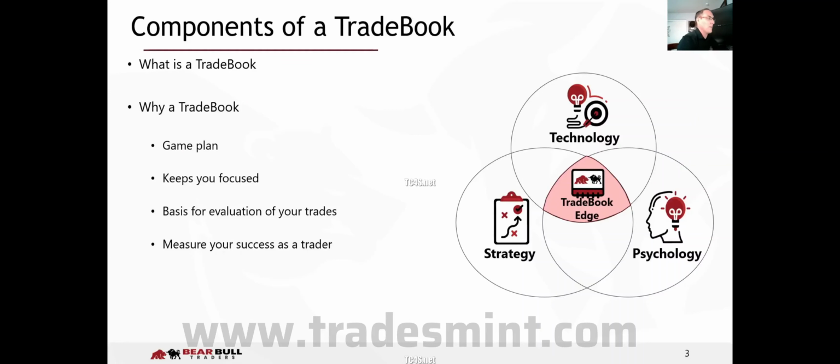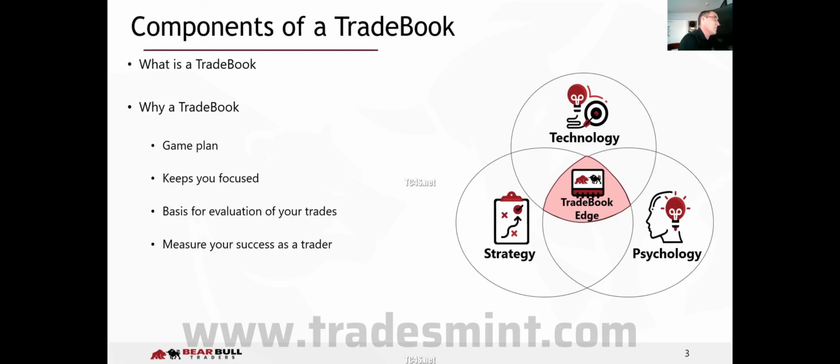You have laid out a plan, you have written it down or typed it, and you have put it in stone and said, this is what I'm going to trade. And now you can evaluate yourself off of how well you can execute that. And if you're having trouble executing some of that, then maybe you can adjust it so that it fits better within your own personality, right? Or your own trading psychology.